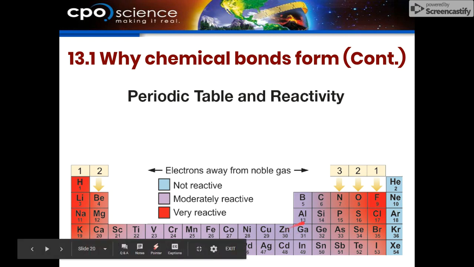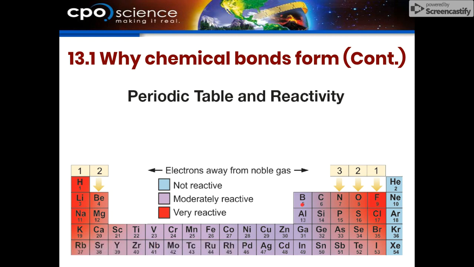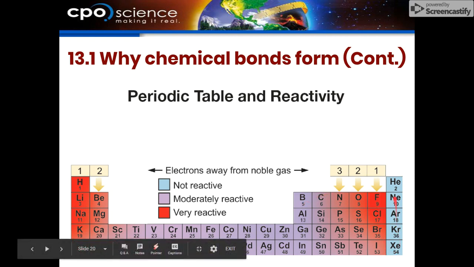Okay? And as we move towards the middle, they have to lose or gain more electrons. Boron and carbon, they have to lose or gain a lot of electrons in order to be more like these noble gases. So they're less reactive than the ones that are close to it, than the alkali metals and the halogens, the alkaline earth metals and the oxygen group.